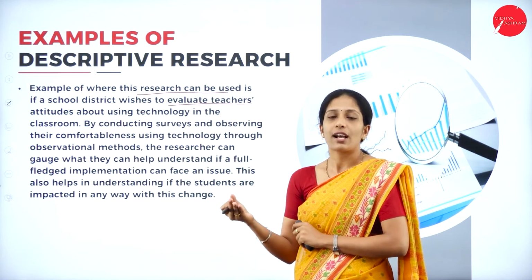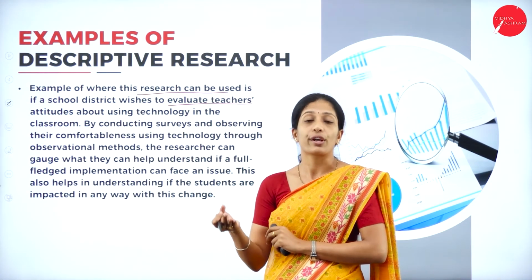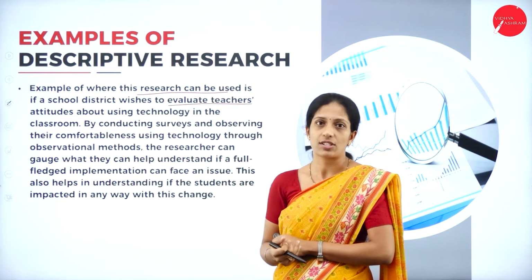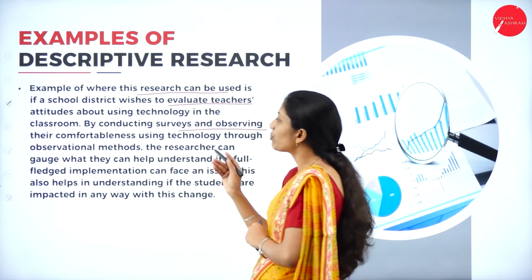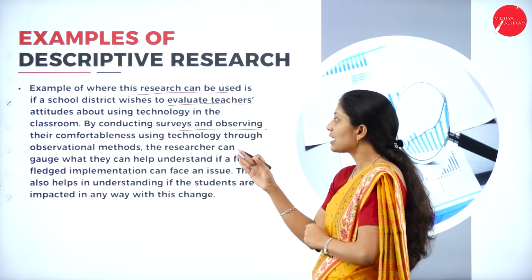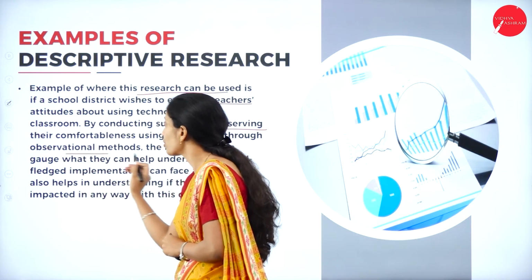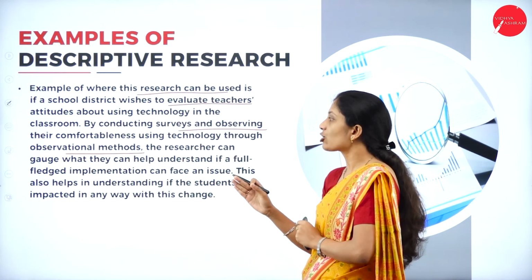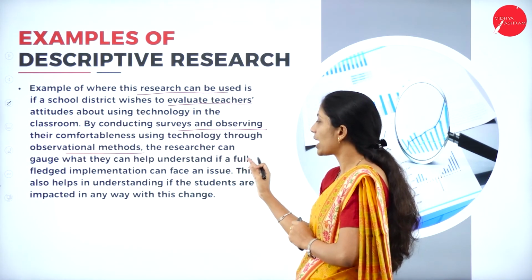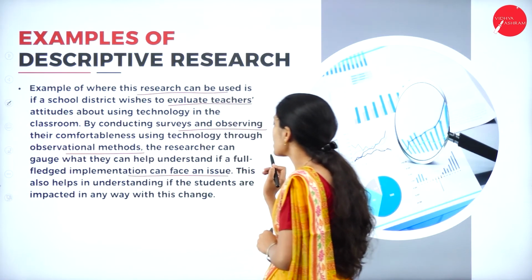So here they are going to learn about the attitude of the teachers, how they are going to respond to the new technology in the classroom, by conducting a survey and observing their comfort using technology through the observational method. So here they are going to use the observation method.